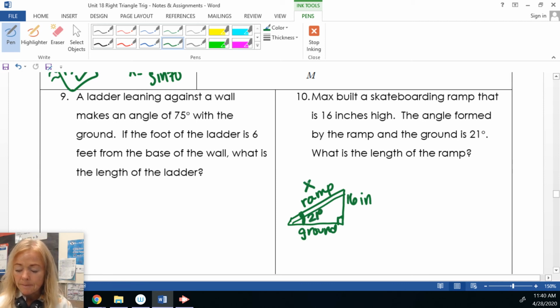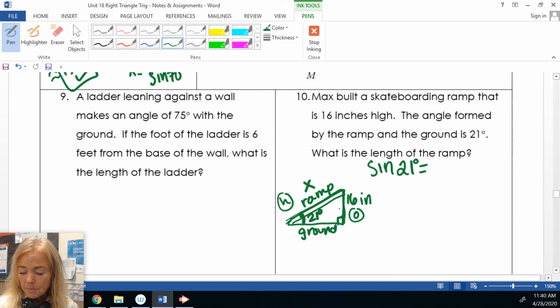Just make sure you get that picture right. Here we have opposite, and here the ramp is the hypotenuse. OH is sine, so sine 21 is equal to opposite, which is 16, over hypotenuse, which is x. I'm just going to set it up and let you finish it. I just want to make sure you can draw these pictures.